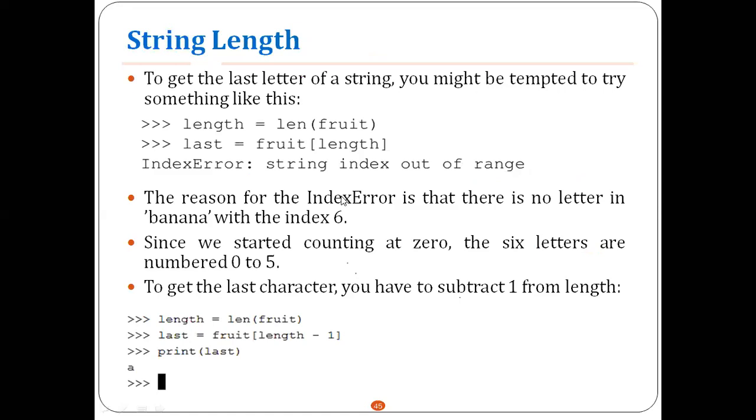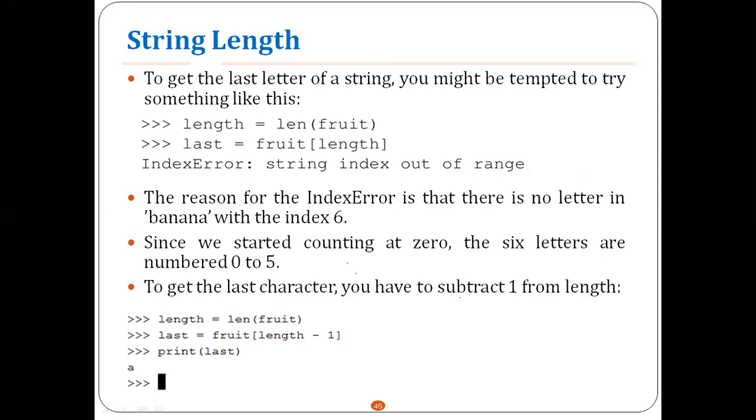So to avoid this, you have to subtract 1 from the total length, because that is the last character you want to get. The reason for the index error is that there is no letter in banana with the index number 6. Since we started counting at 0, the 6 letters are numbered from 0 to 5. To get the last character, you have to subtract 1 from the length.